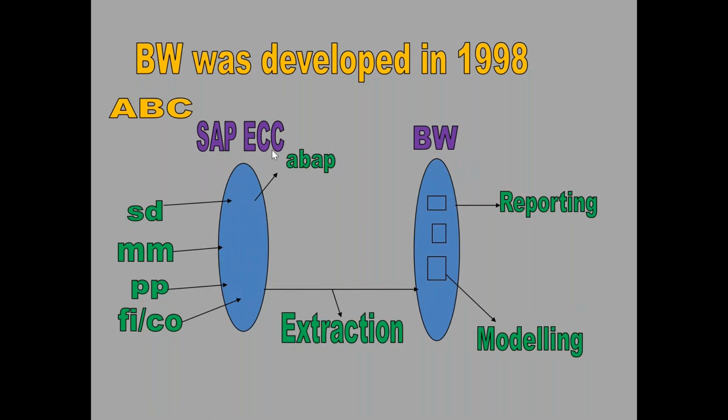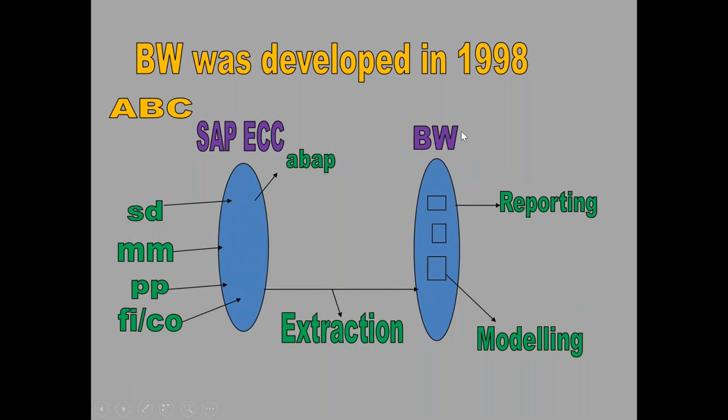So we wanted to have a separate system for data warehousing, which we call the BW system. When they want to do reporting and analyze the data, an analytical system is a must. If you want to organize the data in a better way, we call this system an OLAP system.